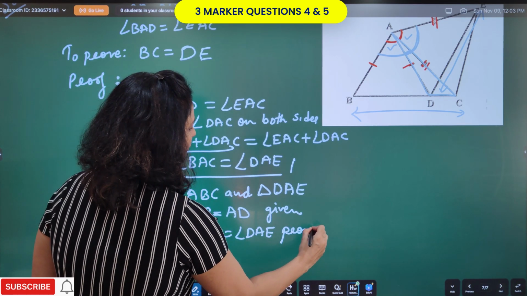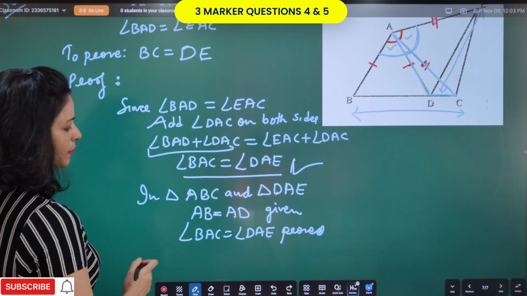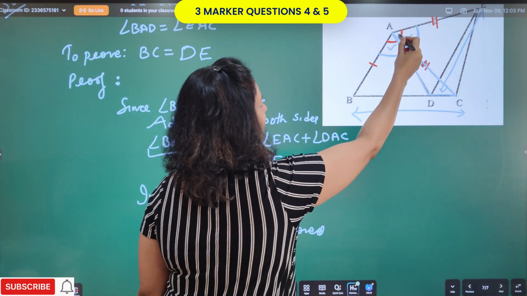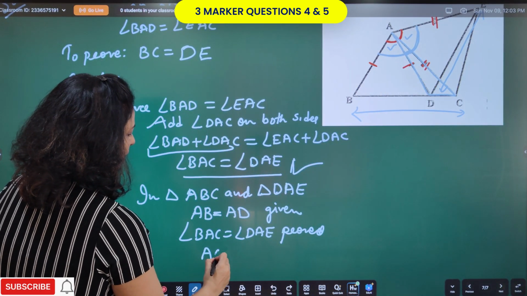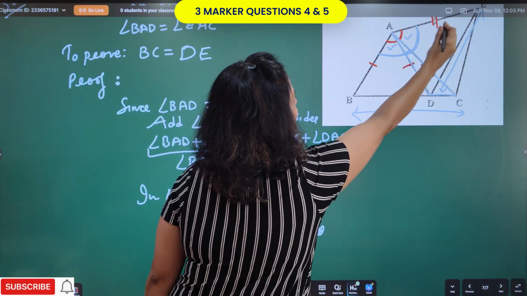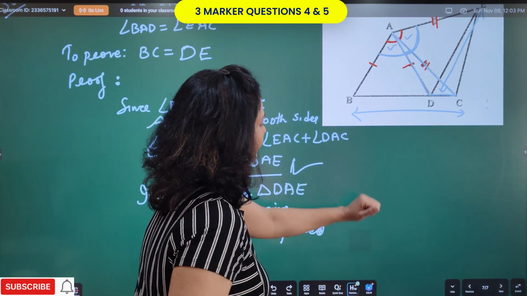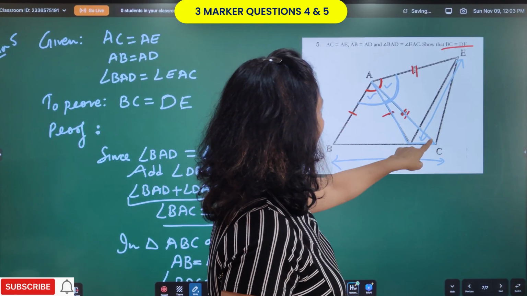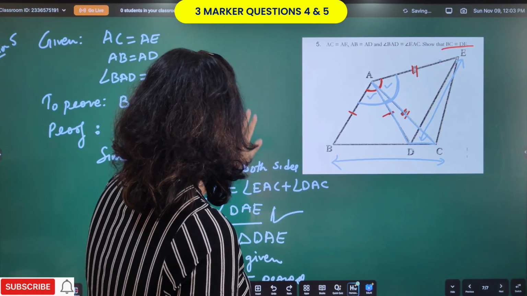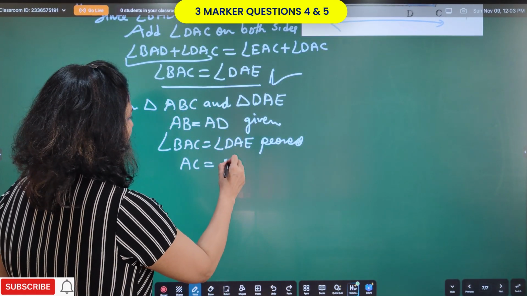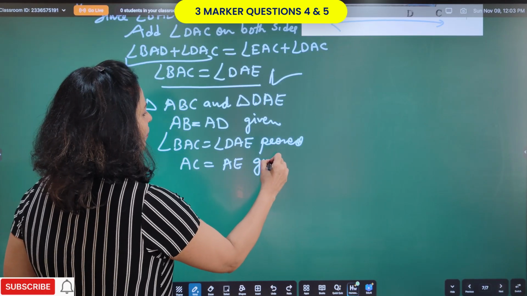And the third thing they have given you, AC is equal to AE. So AC is equal to AE, this is also given.